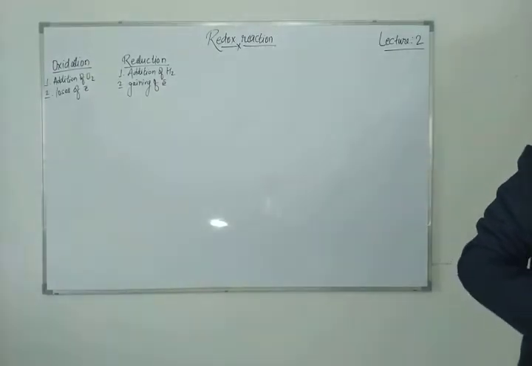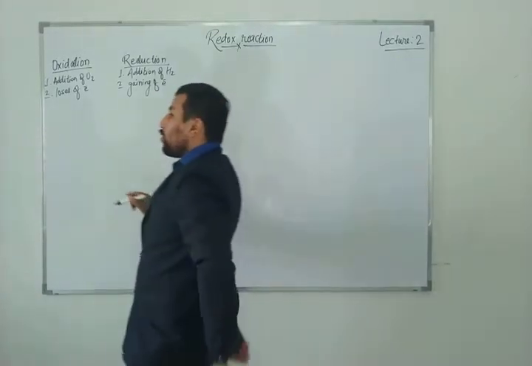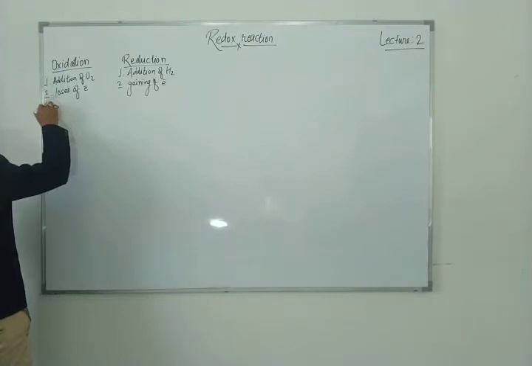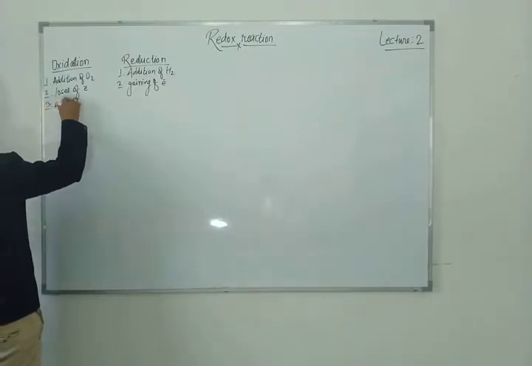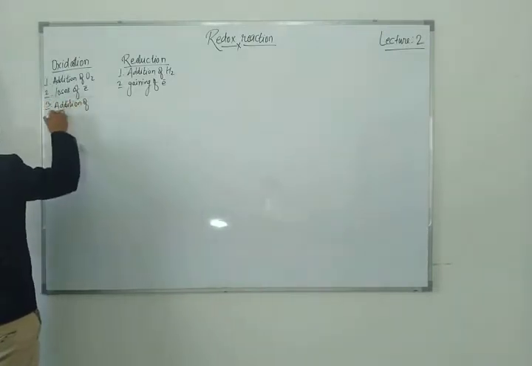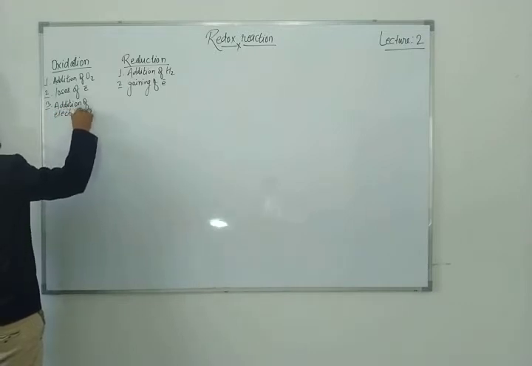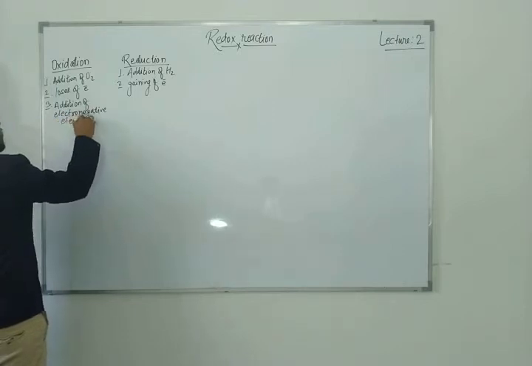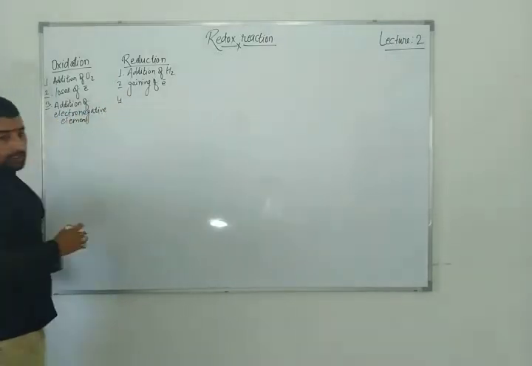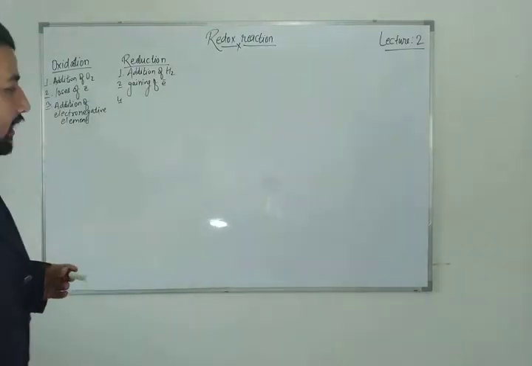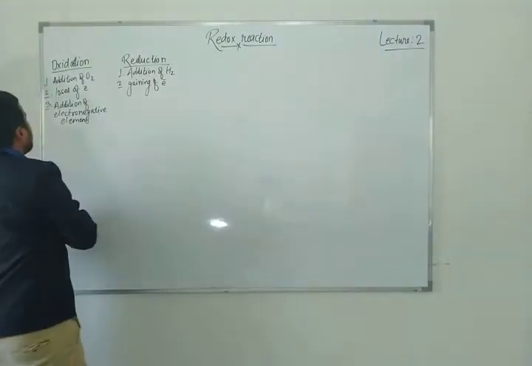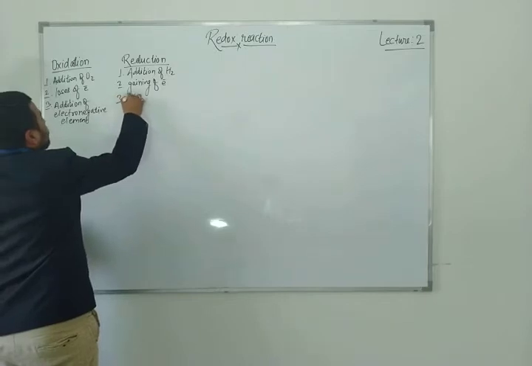As you have seen, addition of oxygen is addition of electronegative element. And here, addition of electropositive elements, the third point only. As we discussed in lecture 1, it was addition of electropositive elements.